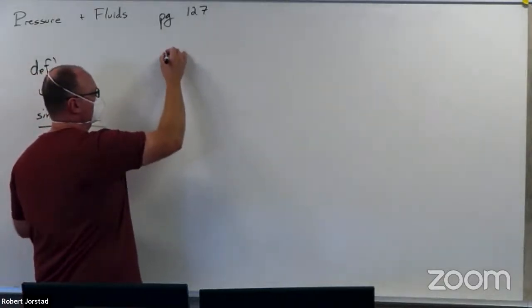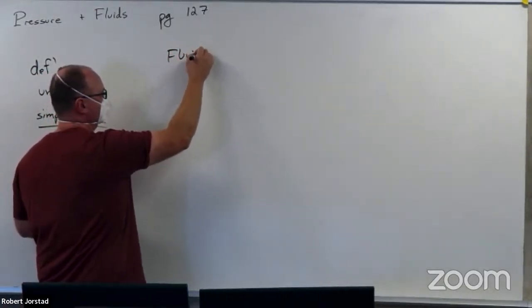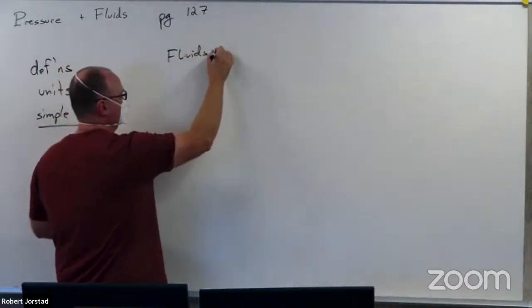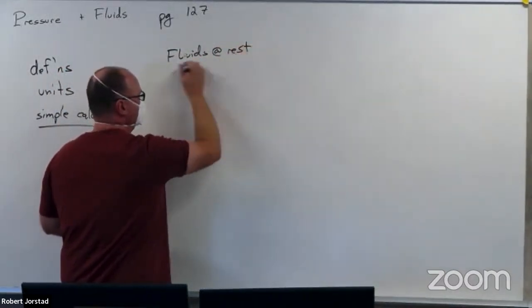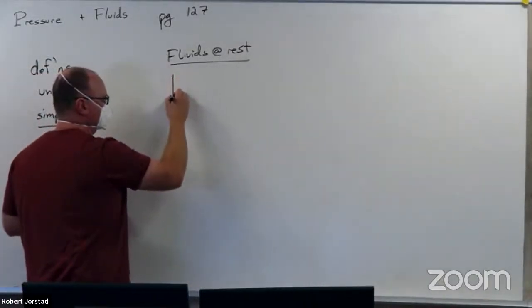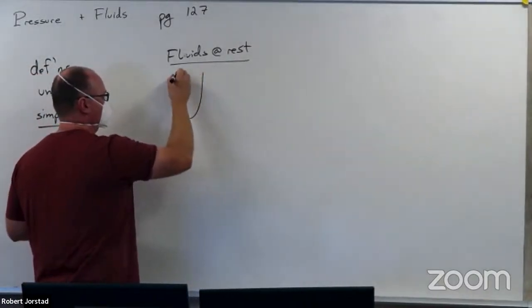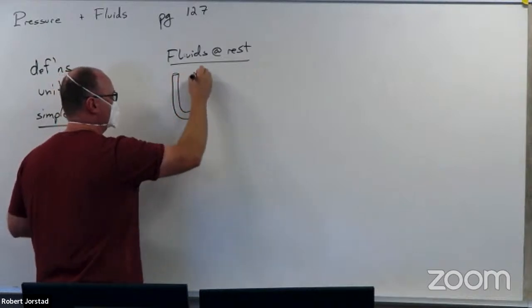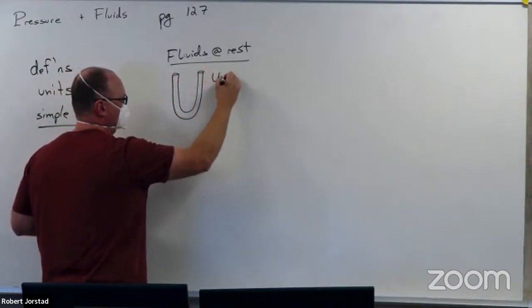Then I'm going to do some fluids at rest. Some of the things that happen in fluids at rest, some classic problems that you may have seen before. There are things called U-tubes.